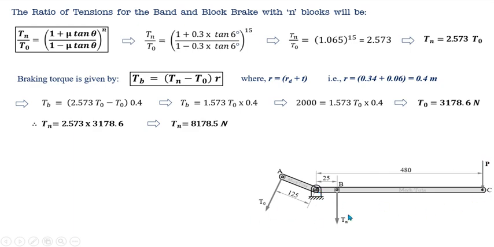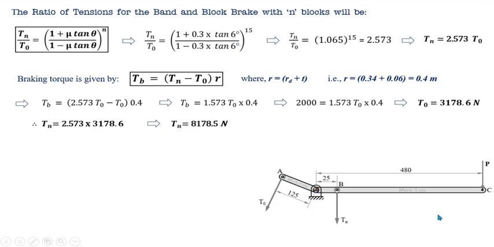Moment of the tension T0 about the fulcrum point will be a positive moment as it will be rotating the lever in the anti-clockwise direction, and the magnitude of the moment of T0 will be T0 into the perpendicular distance of the line of action of the tension T0 from the fulcrum, that is 125 millimeters.